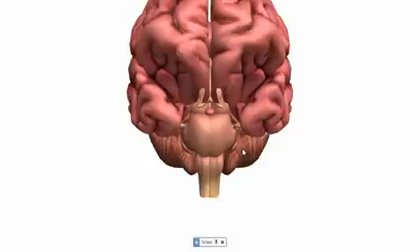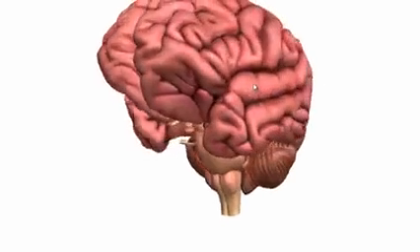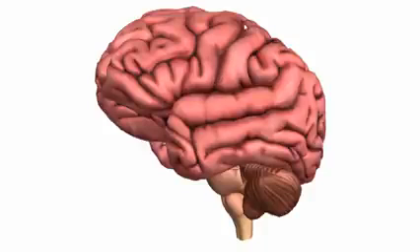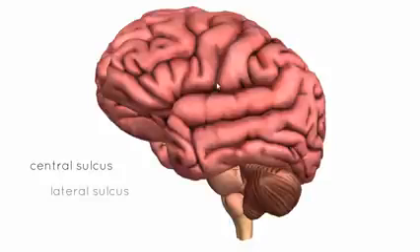So just looking at the outside of this cerebral hemisphere, you can see that there are these grooves and ridges. The ridges are called gyri, and the grooves are called sulci. And you've got lots of these different grooves and ridges, as you can see, and they all have different names. But 2 important ones to remember are the central sulcus, which I'm showing you here with the arrow, and the lateral sulcus.